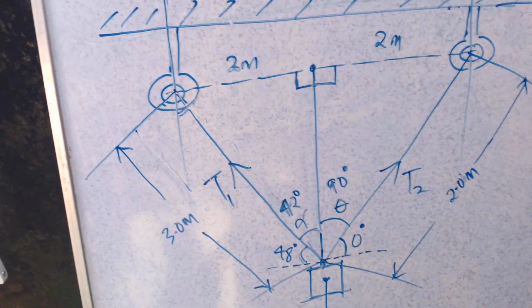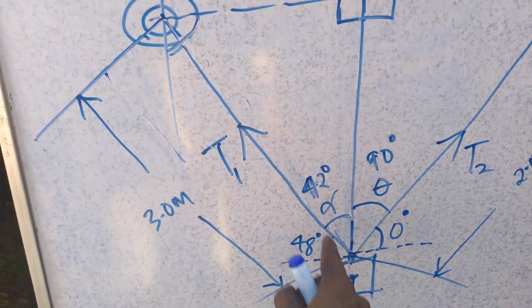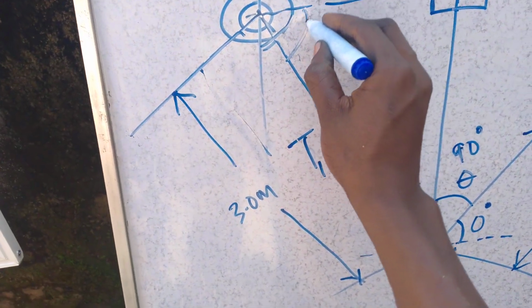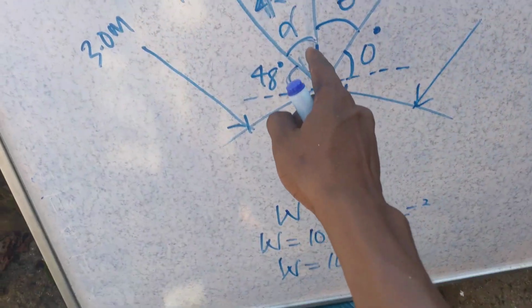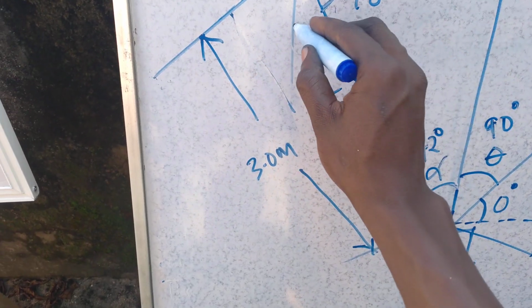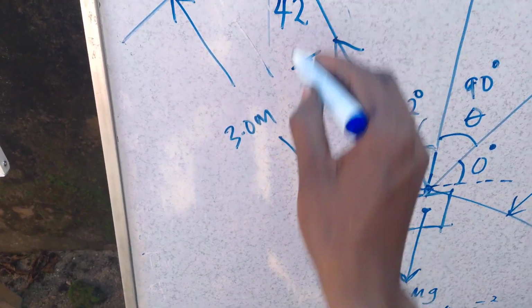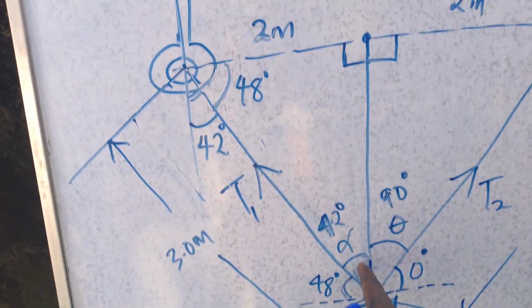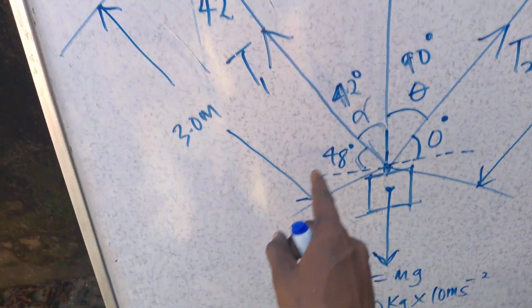Let's come back to this quickly before we proceed. This will alternate: 48 will alternate here as 48 degrees, and 42 will alternate on this other side. 42 degrees will alternate here. So this is alternate to this, while this one is alternate to this one.